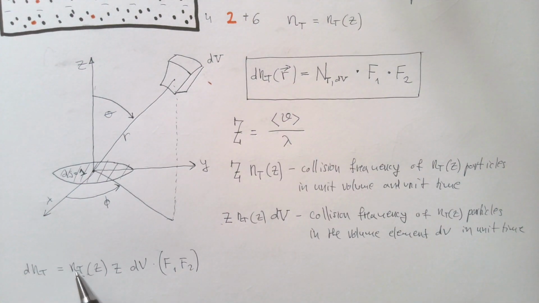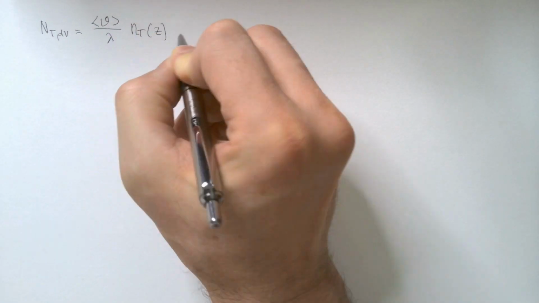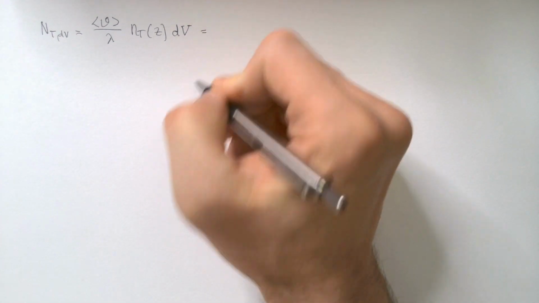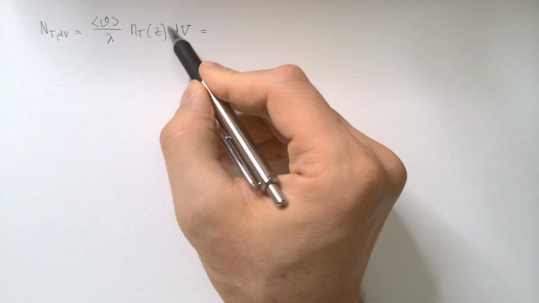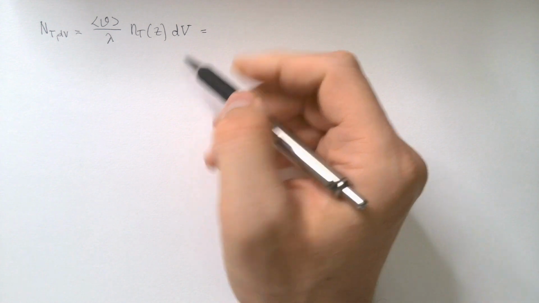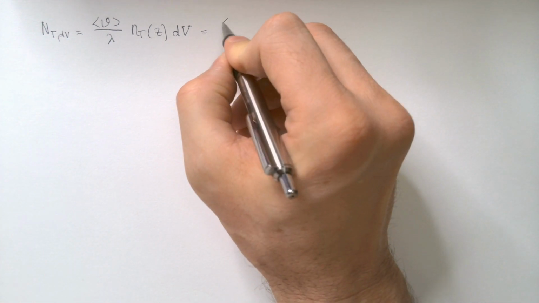Now I can express nt of z using Taylor series, and that's what we are going to do on the next page. But we know from my video on spherical coordinate system that the volume element in spherical coordinate system is the following.